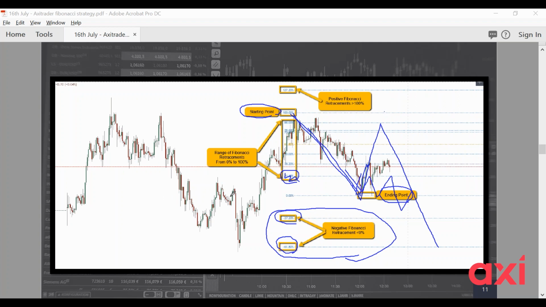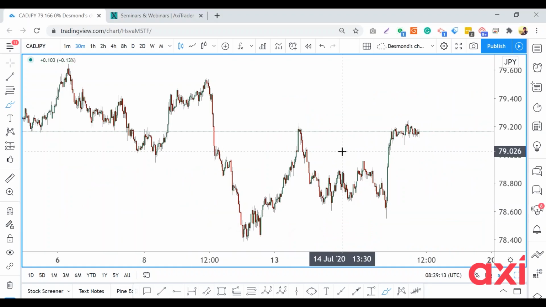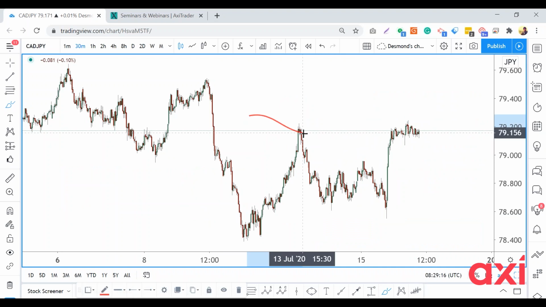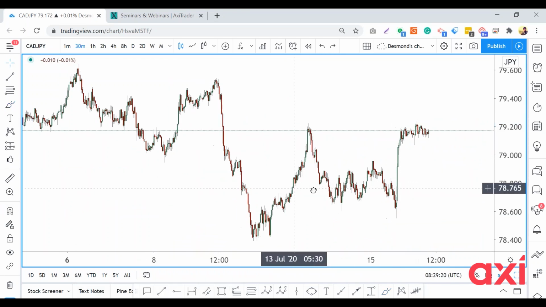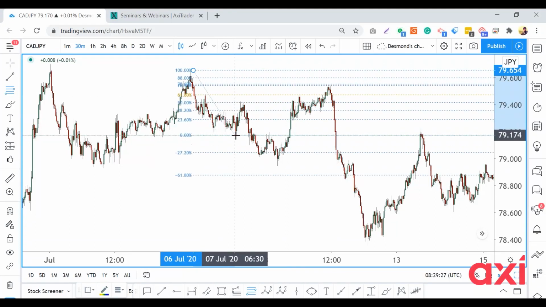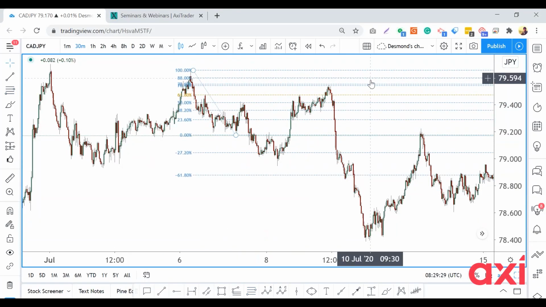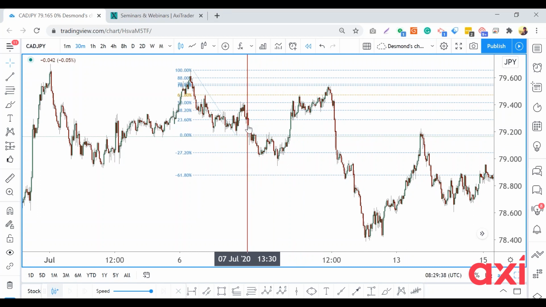So let me show it to you in an example. In this case, sorry, I'm not sure what we can use. Okay, one example. Let me see if this works. Yep. Okay, so let's see if I can do a bar replay feature, and I do it until here.